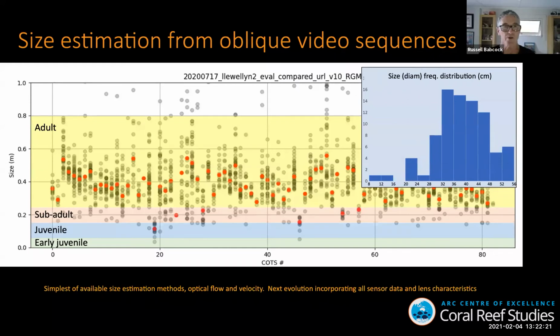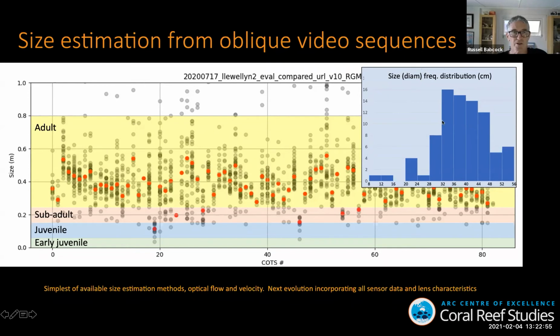Okay, so one of the more recent developments in terms of the data that's been possible to be derived from these images is size of starfish. So that offers the potential to get some quite detailed insights into the dynamics of starfish populations on individual reefs and across many reefs that are surveyed on the GBR.